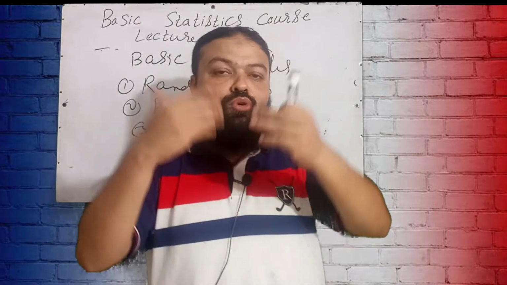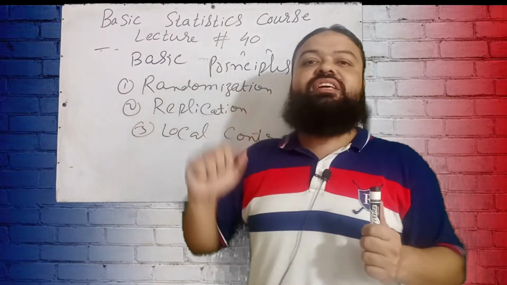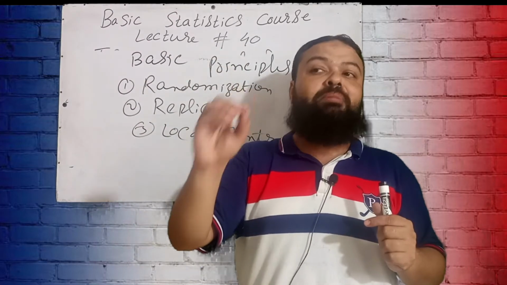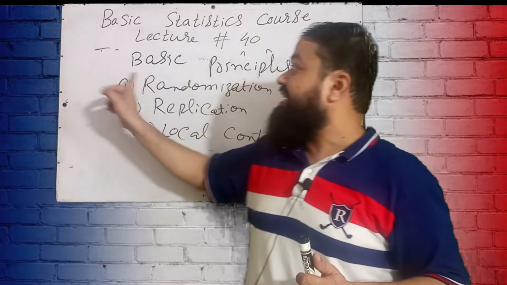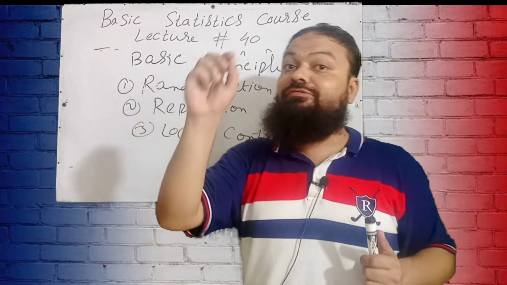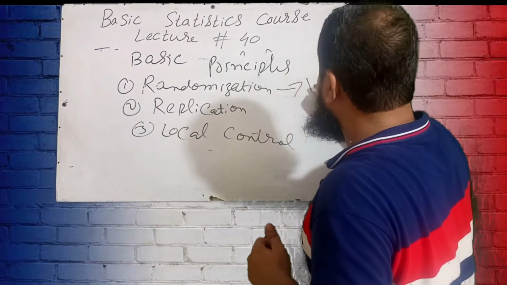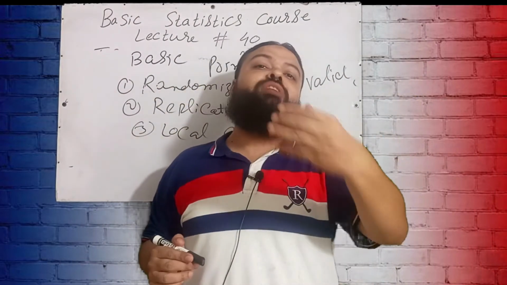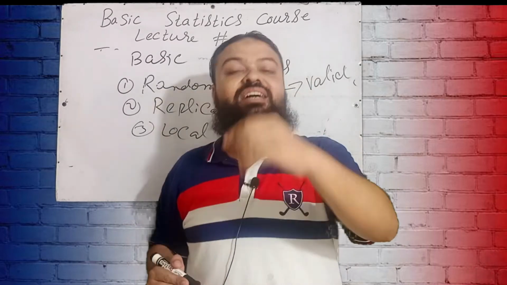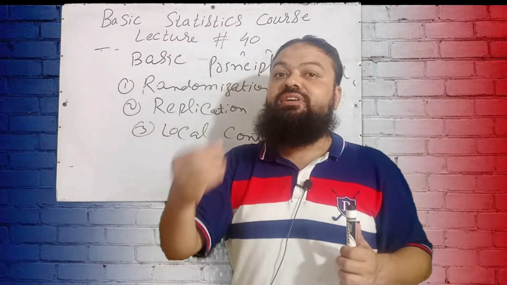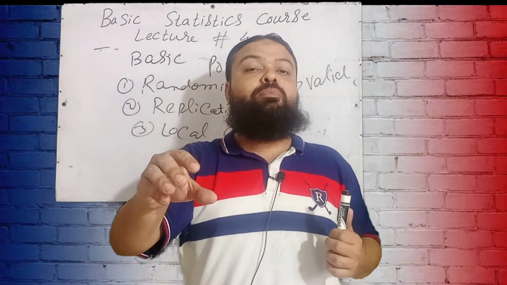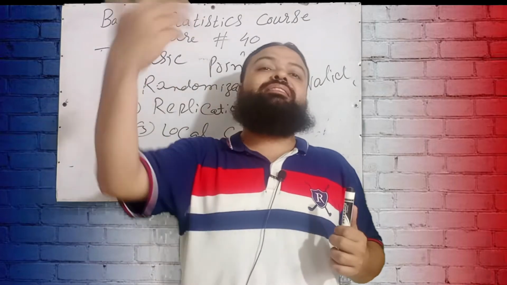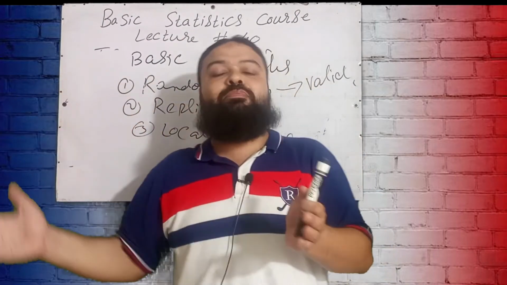Just I will give you some more information about this much. Randomization, it is a process in which each treatment has an equal chance of being applied on the experimental unit, and randomization is used because it gives us valid estimates. Then replication, when you repeat your process of applying the treatments on the experimental unit, that is replication. I gave you the example of urea, the fertilizer. If you apply the urea on the first plot randomly, then you apply on the second plot randomly, then you apply third time, and that is applied on the third plot randomly.